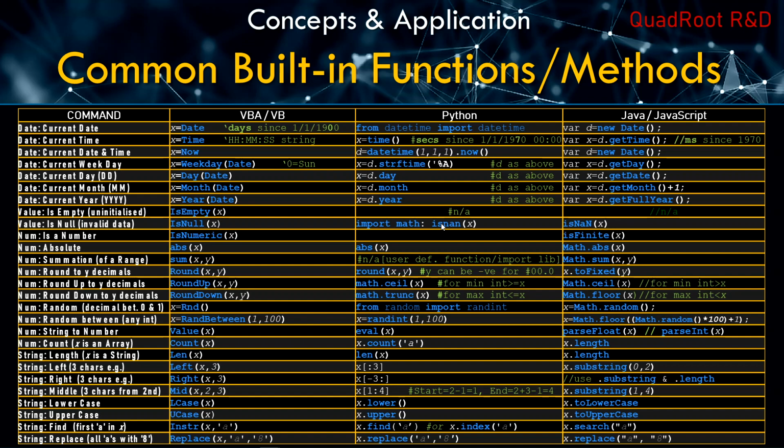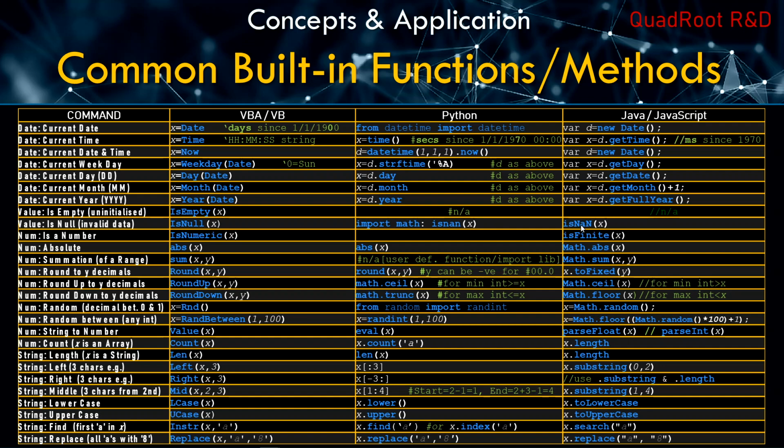If you want to check if the data is invalid during debugging, or maybe during your main program also, if you need to check whether the user has input wrong data, a string instead of a number, then you can use isNaN, or is not a number, for the variable. Now isNaN is available in the library math, so you import math in Python and you check for isNaN.